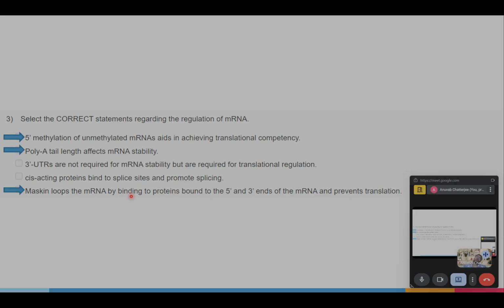In case of prokaryotes, it is a sequence known as Shine-Dalgarno sequence, but in case of eukaryotes, it is just the 5' cap. So if the 5' cap is not there, then there will be no translation because the ribosome won't sit on it. So 5' cap is absolutely necessary for translational competency.